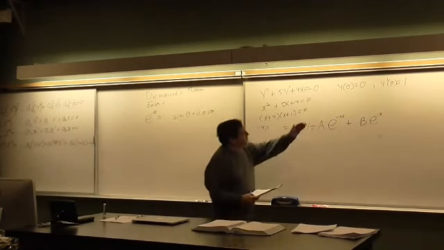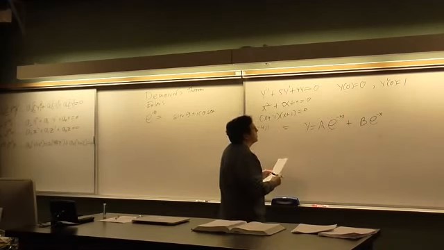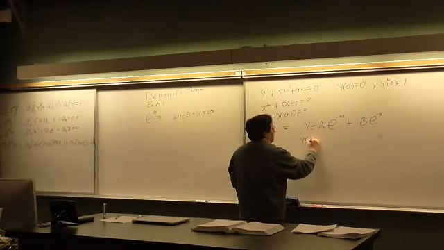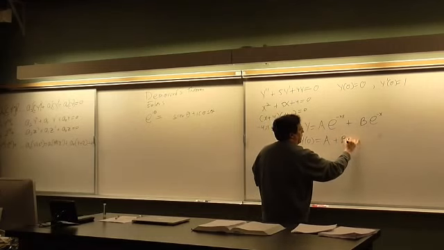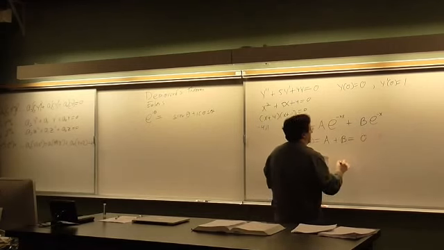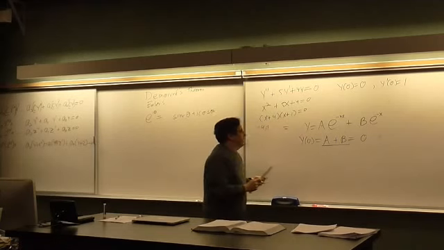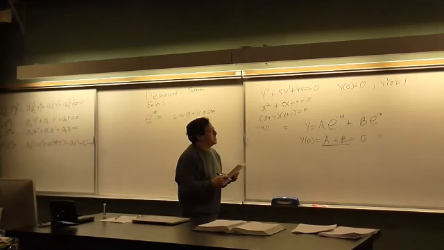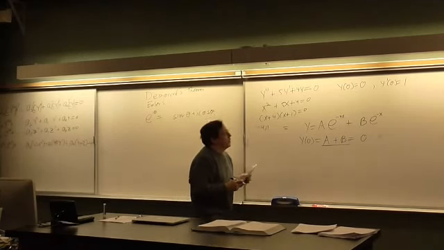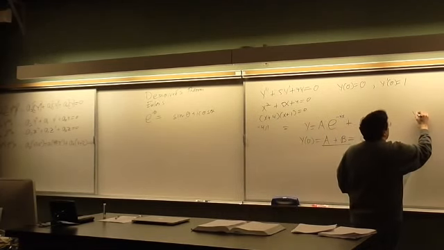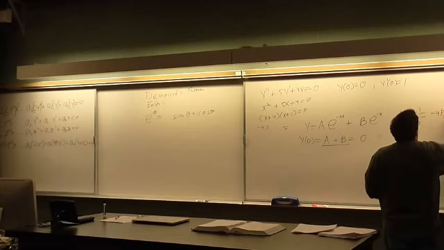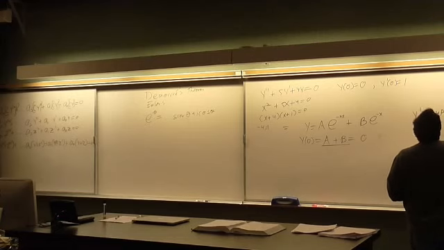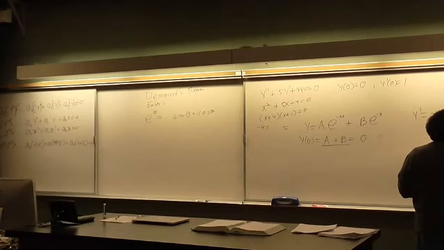All right, here's where my initial conditions come in. If y of 0 is equal to a plus b is equal to 0, I have a little information about a and b. The derivative of y is negative 4a e to the negative 4x plus negative b e to the negative x.